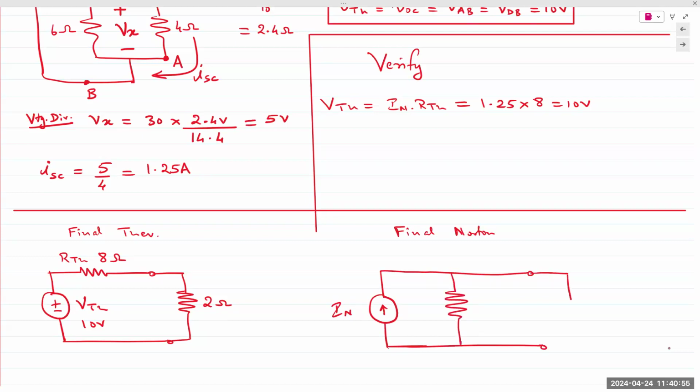And you plug it back, that same circuit, 2 ohms. This is still RTH, which is 8 ohms, and IN, which is 1.25 amps.